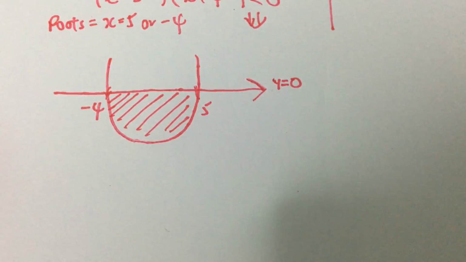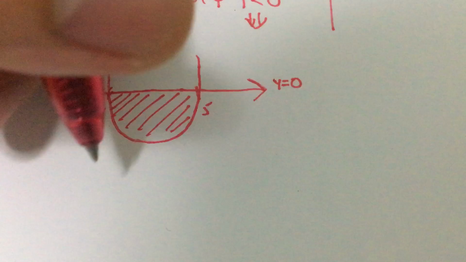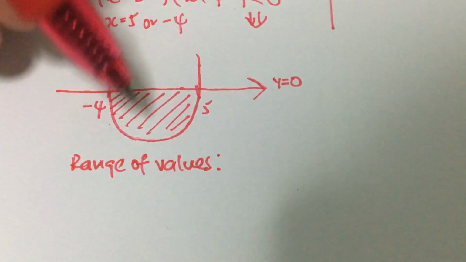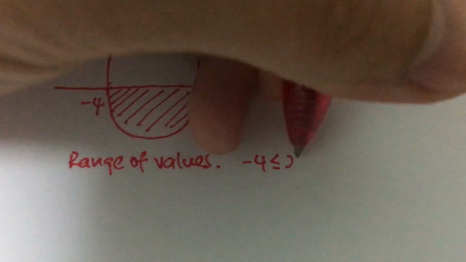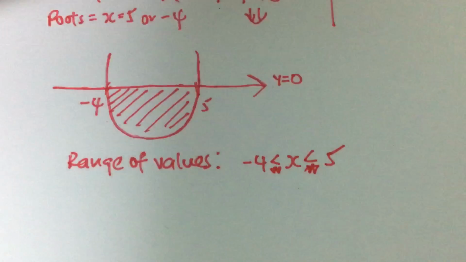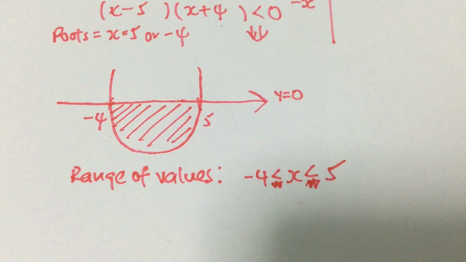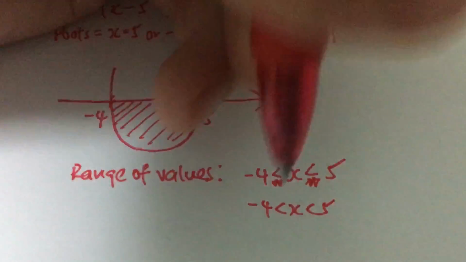Based on this shaded portion, we find the range of values. Our range of values of x turns out to be between negative 4 and 5, of course without the smaller than or equals to.